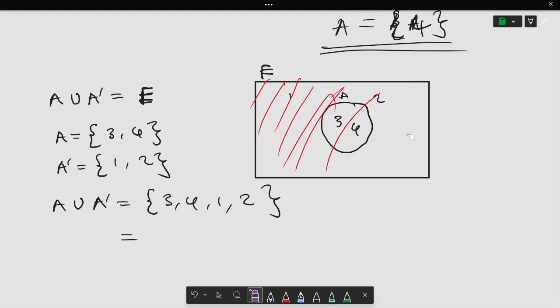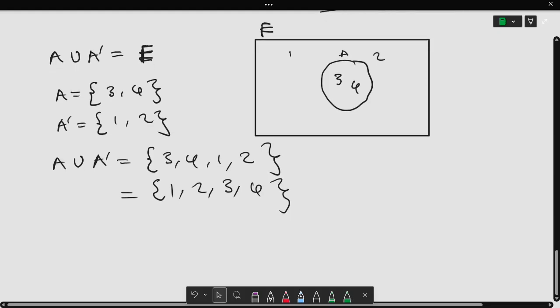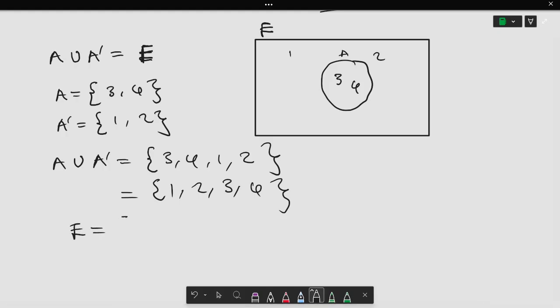Because if you were taught to list the elements in the universal set, you would also list them like this. Though I mentioned that sets have no specific order, you realize that these are just the same.